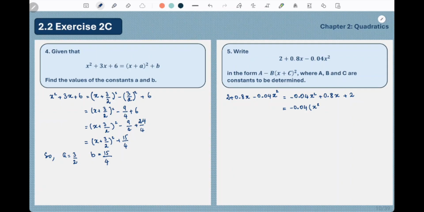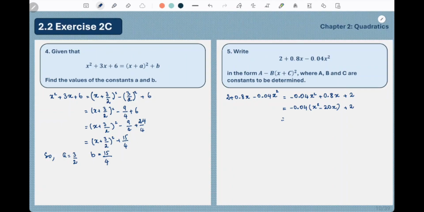What do we multiply 0.04 by to get 0.8? The answer is to divide 0.8 by 0.04, which should give you minus 20. So minus 20x. I literally just factorized by minus 0.04, and if you were to multiply 20 by 0.04, it's going to give you 0.8.